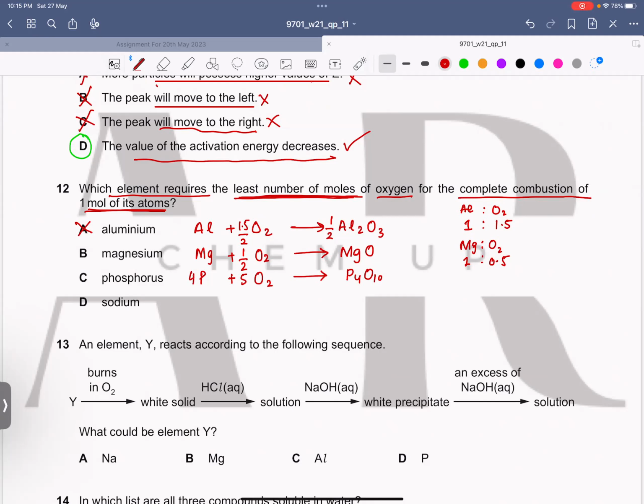So if I simplify it, can anybody divide 5 by 4 and tell me the answer, please? 5 divided by 4, tell me the answer, please. 1.25.